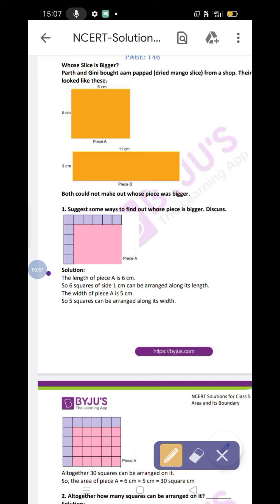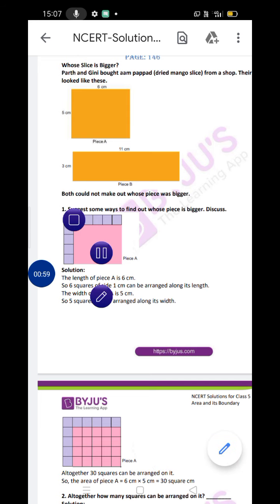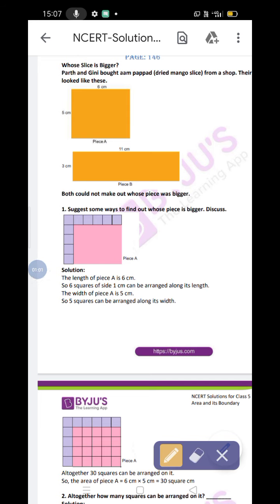The length of piece A is 6 centimeter. So with 6 squares of side 1 centimeter, they placed the squares on that piece. Next, the width of piece A is 5 centimeter. With 5 squares of 1 centimeter, they placed them along the width.